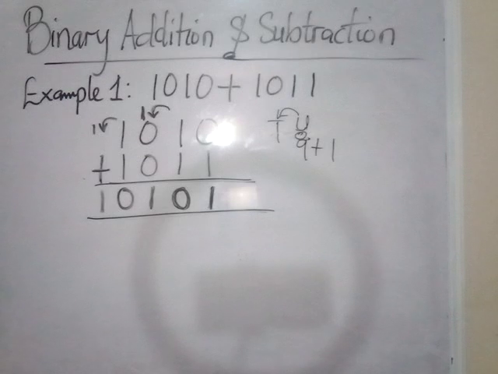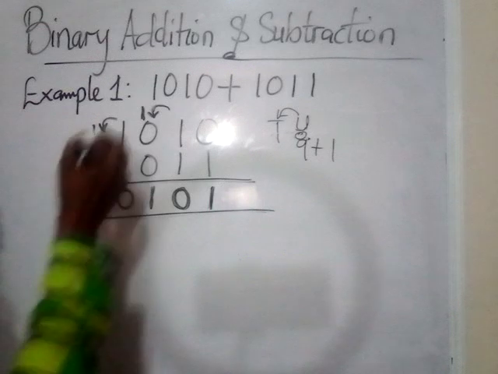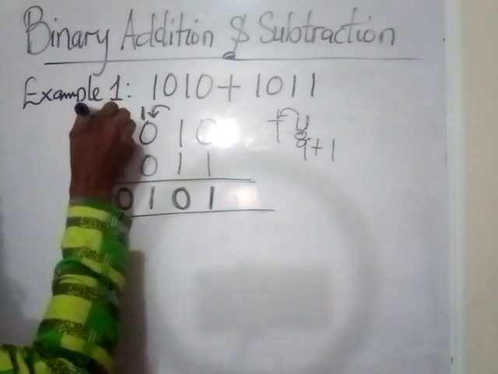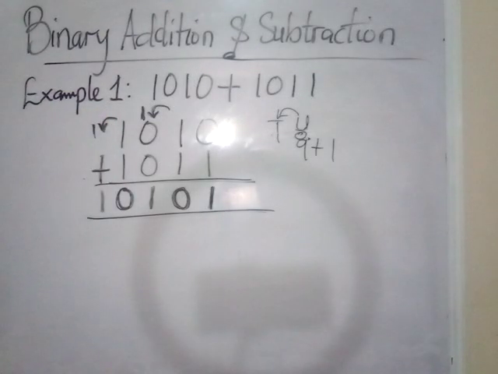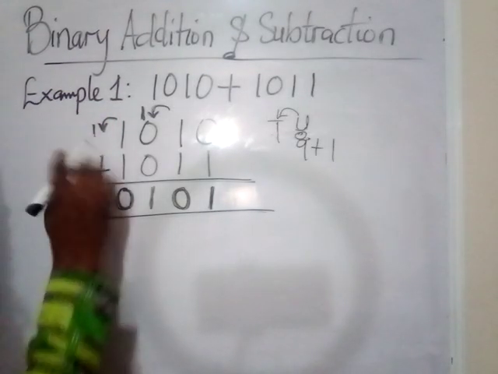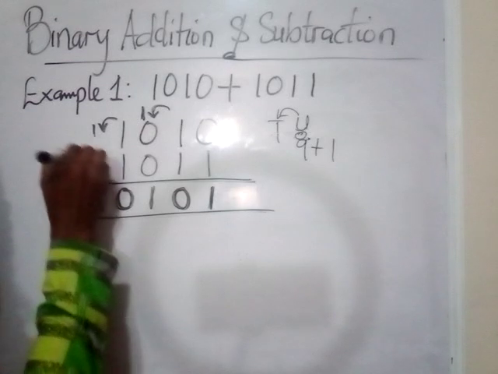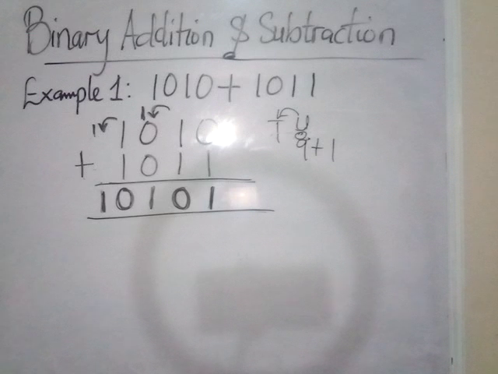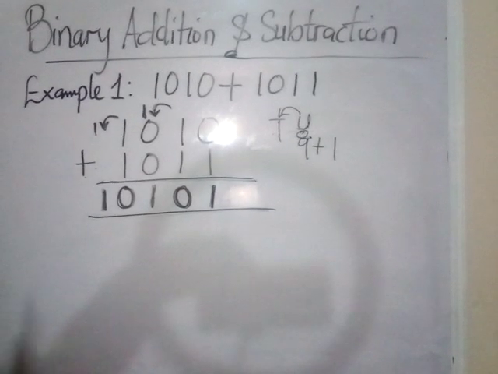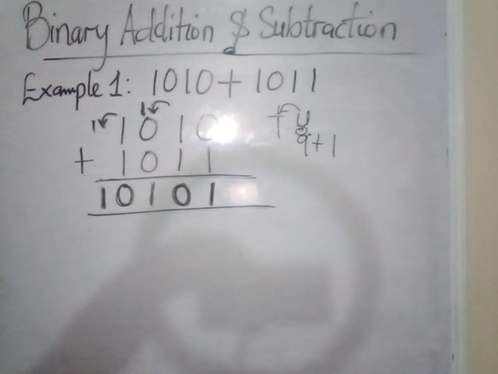We know that it's supposed to be 2, but we do not have 2 in the binary number system. So what do we do? We write down 0 and we carry that 2 as 1 to the next position. So 1 plus nothing, that gives us 1. That's the one we have here. It's a very interesting concept, really. I hope we understand this. We're going to take another example and see how this works before we move on to subtraction.